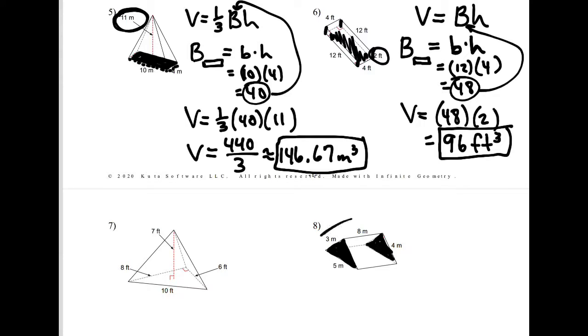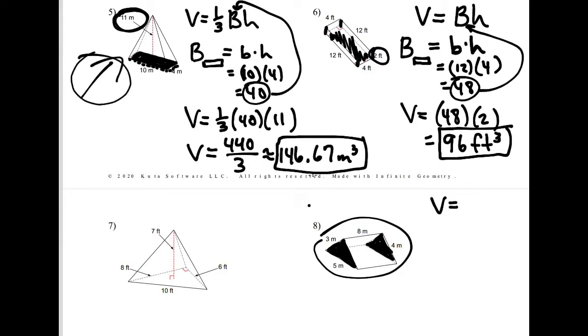Now, no matter what, we're looking at a prism though, because remember, anytime it has two identical bases, it's a prism. If it only had one base, like number 5 here, it's a pyramid, because it comes to a point. But we know that this number 8 is a prism, so we are going to do volume equals big B times h.